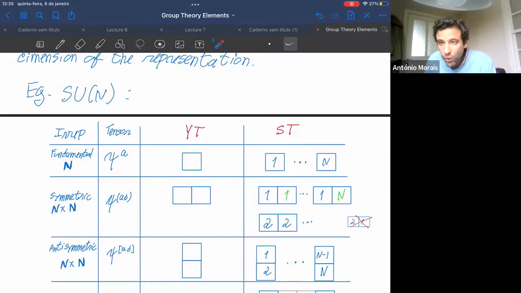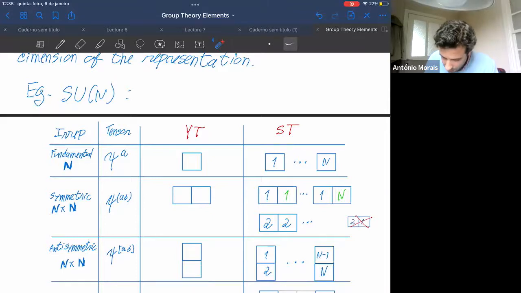Then 2 3, not 2 2. 2 3, 2 4, 2 5, and so on to n. 3 4, 3 5, 3 6, and so on up to the last element by this order, n minus 1, n, with all other possibilities there.